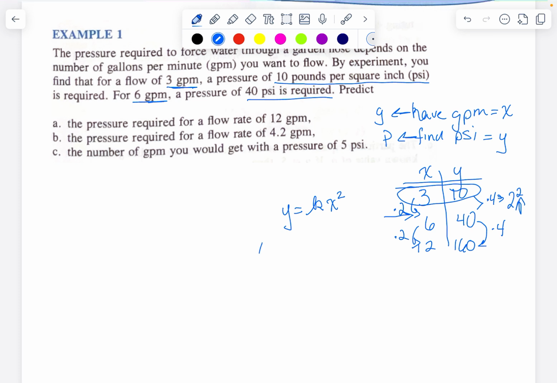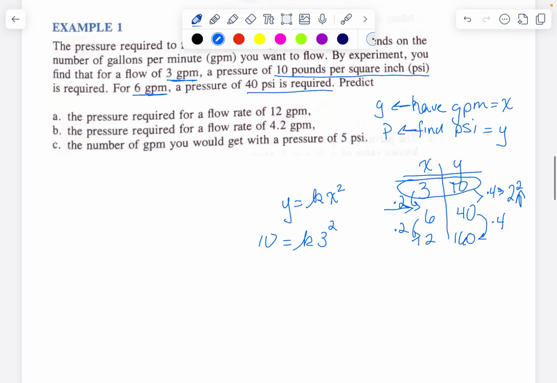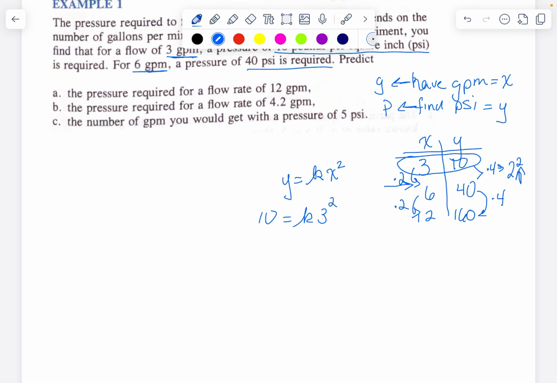So we see that y equals 10, and we have some constant k. That's what we're trying to find so that we can get a model. And then we have 3 for x, and it's squared. If I get k by itself, 10 over 3 squared equals k.